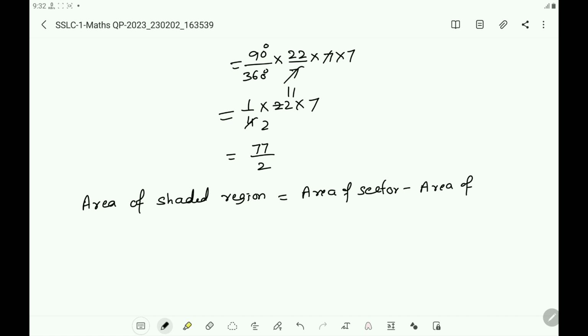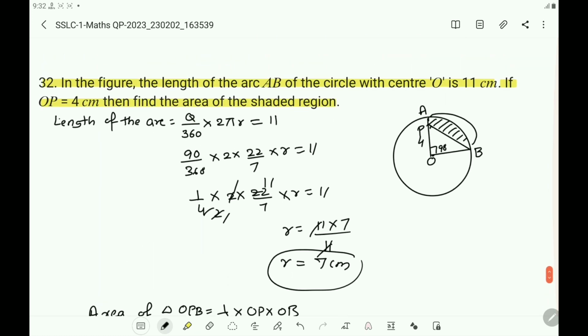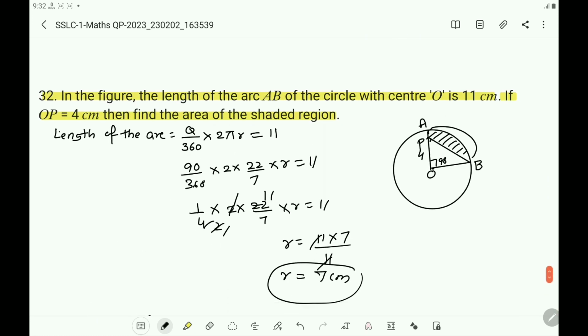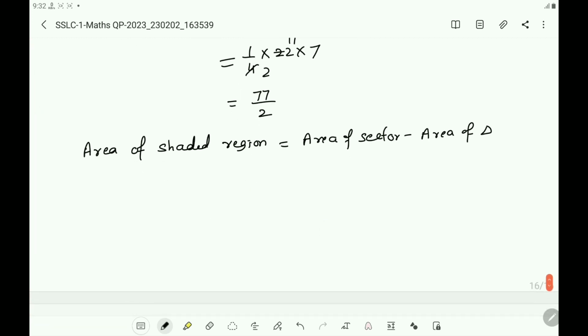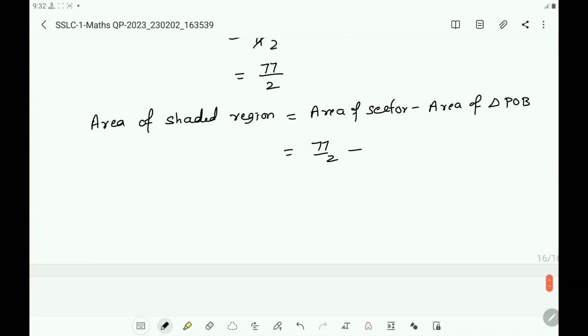Area of triangle, which triangle? POB. Area of the sector is 77 by 2 minus area of the triangle is 14. Then you take the LCM 2.